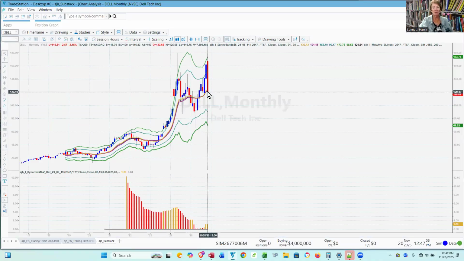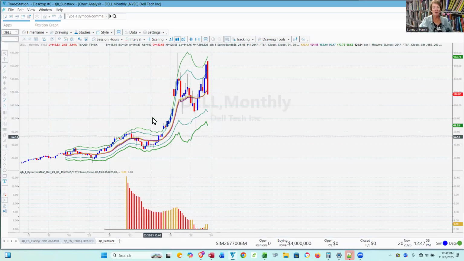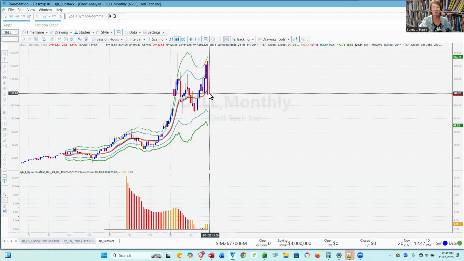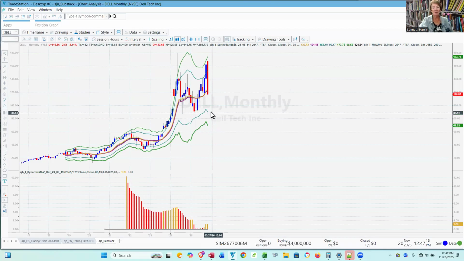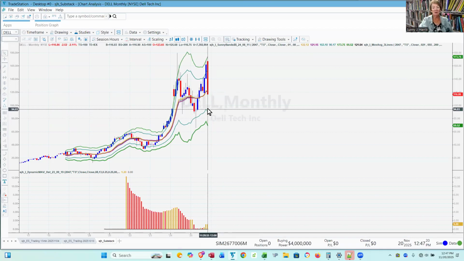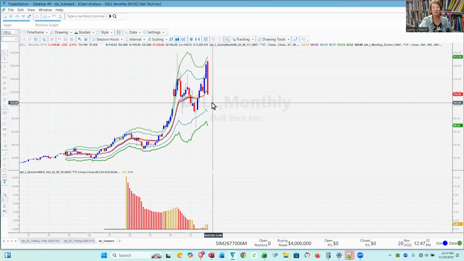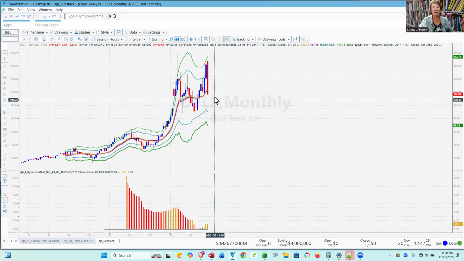So 1, 2, 3. Starts a 4. So we could do a little bit more movement on the downside and then go up again. I think Michael Dell is a really good manager and a really good investor. So I think that this will climb back up.